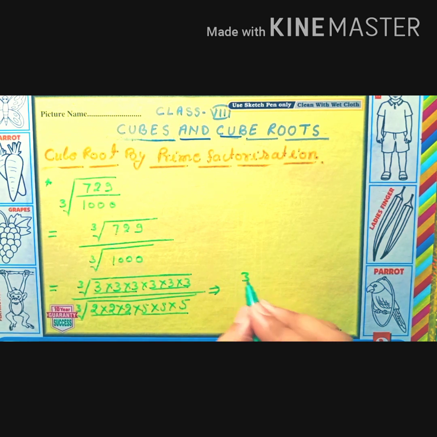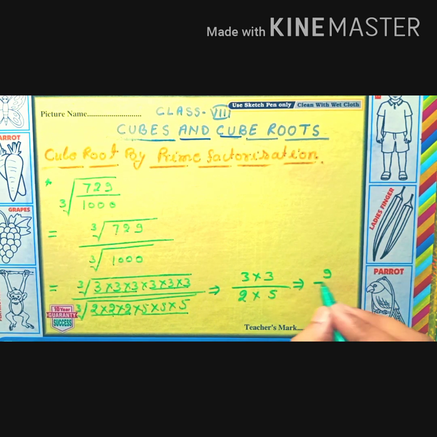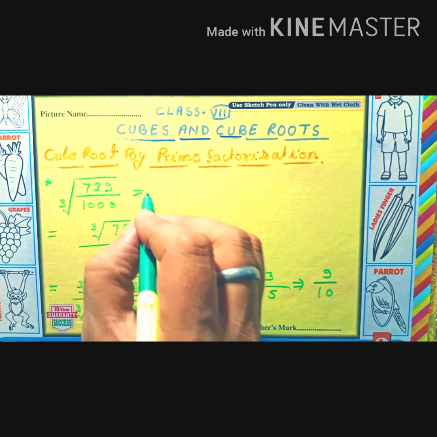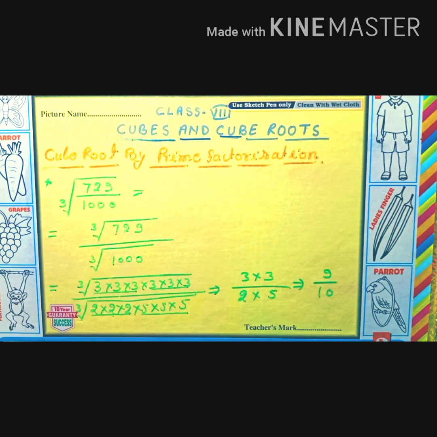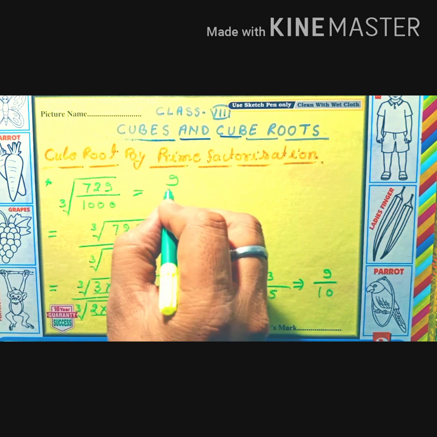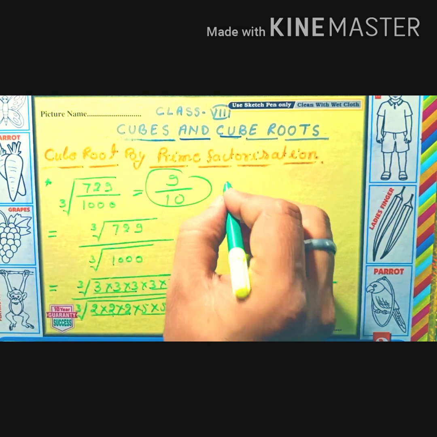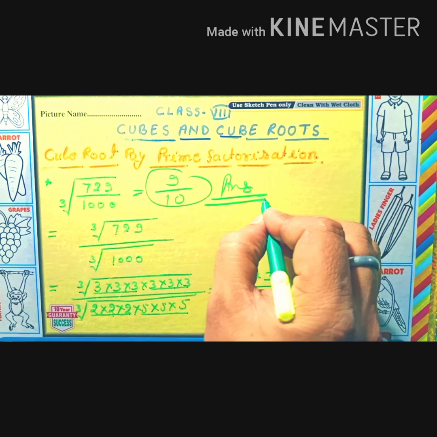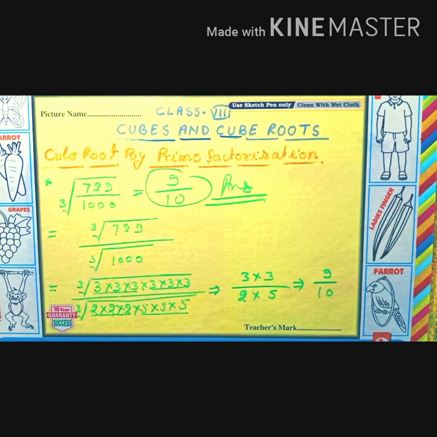From this group here 3, and from this group 3, and from this group 2 and this group 5. That value is equal to 9 by 10, means cube root of 729 by 1000 is 9 by 10. This is answer. Okay, thank you.